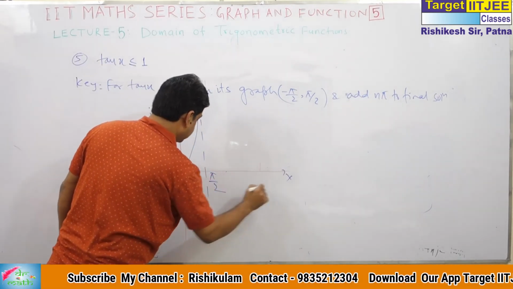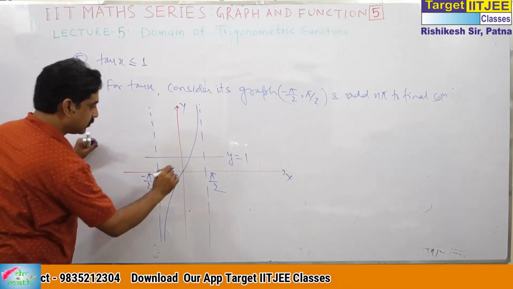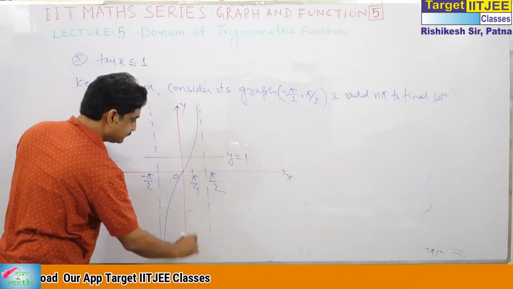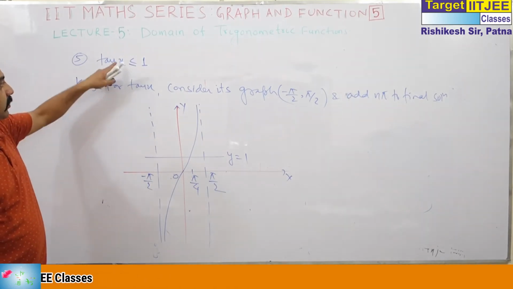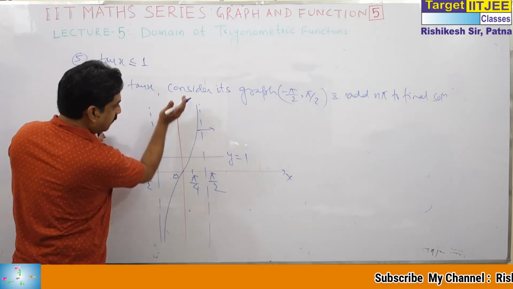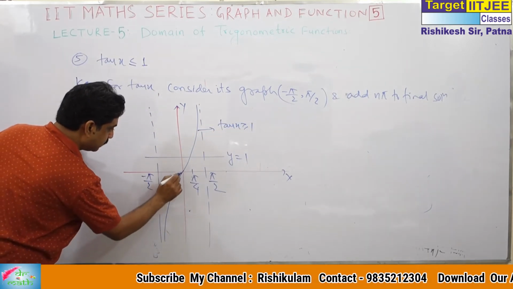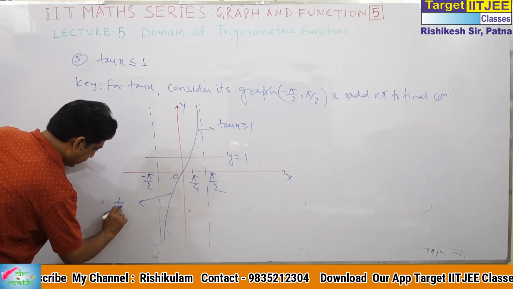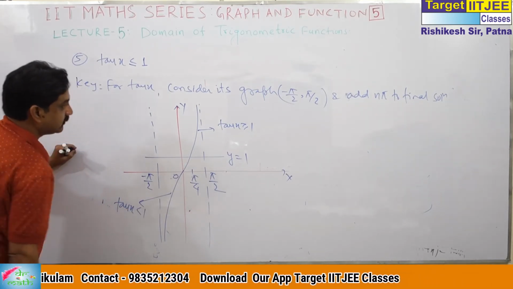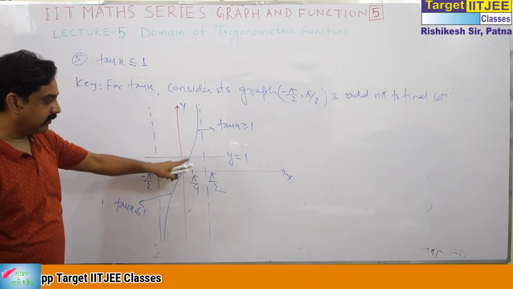Draw the y-axis, x-axis, origin. This is the line y is equal to 1, and this is pi by 4. You know tan pi by 4 is 1. So above this portion, tan x is greater than or equal to 1, and below this portion, tan x is less than 1, or less than or equal to 1. For equal to, we will take this side.